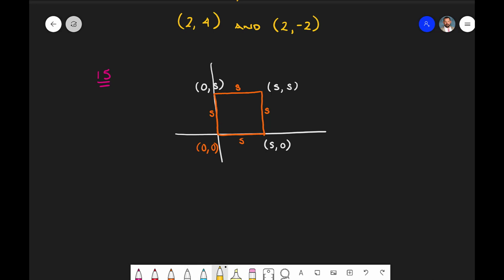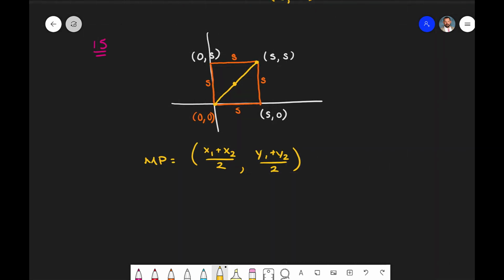So let's start at the origin and move to the upper right-hand corner. We're going to look at this diagonal. We want to find the value of that midpoint. Remember, the midpoint formula is the sum of the x-coordinates divided by 2, and then the sum of the y-coordinates divided by 2. We'll substitute in our values.